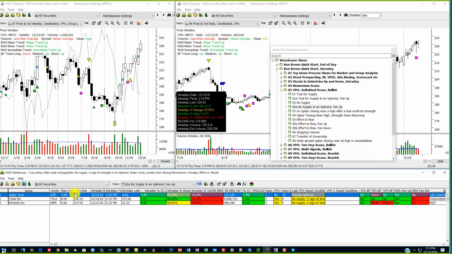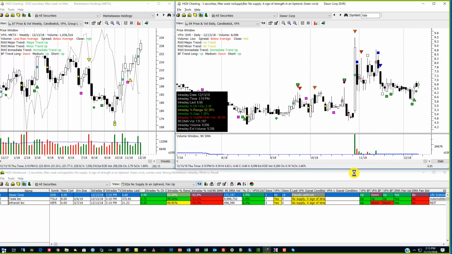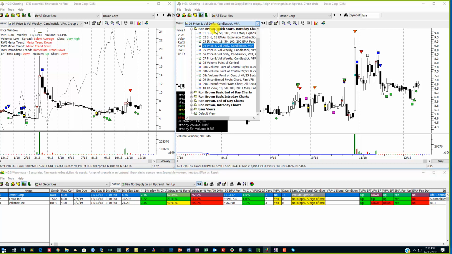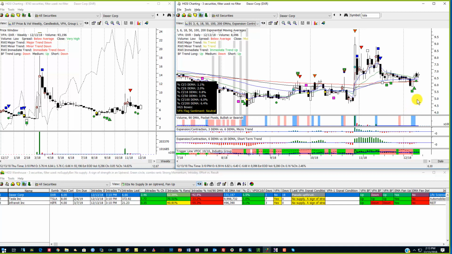Here's Tesla again. Here's one, Daxar Corporation. It doesn't look like this has a fan in it, and looking at the weekly chart, it doesn't look that great either. But if I bring this chart up, you can see that the fan is just forming, and there is a pocket pivot.